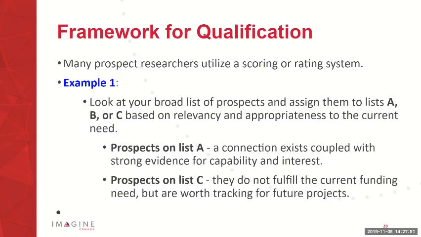For example, prospects on list A would really have that connection, coupled with strong evidence for capacity to support your work and an interest in what you do or what your project is. Prospects on list C don't really fulfill the current funding need, or maybe they tick off one of those boxes a little bit, but they're definitely worth tracking for future projects because maybe they're just not a particular fit for this one need or this one program.